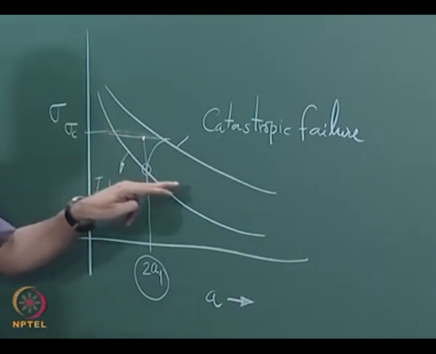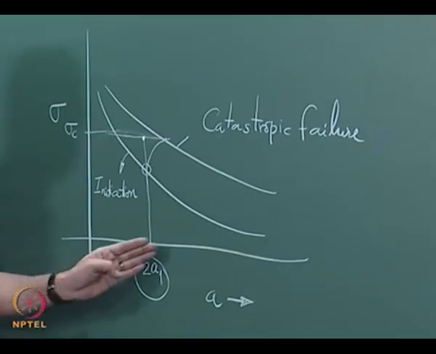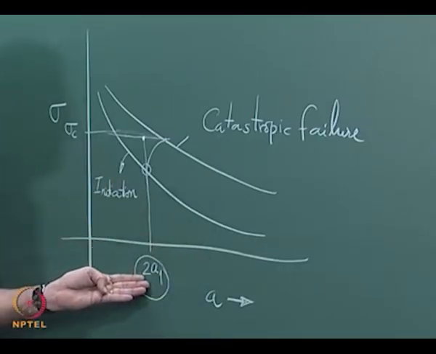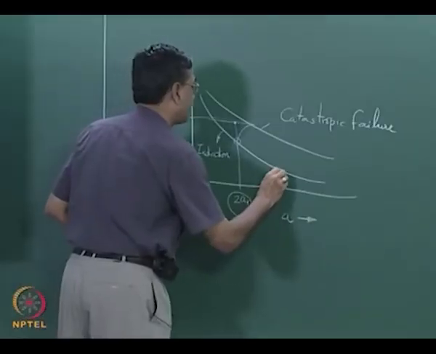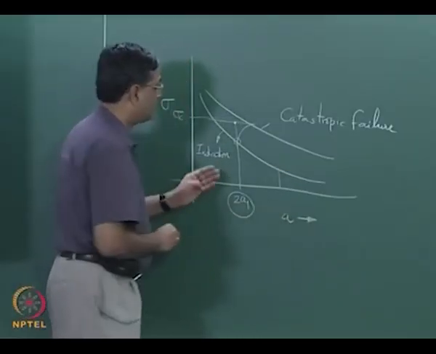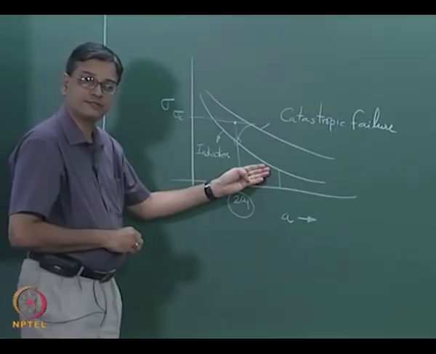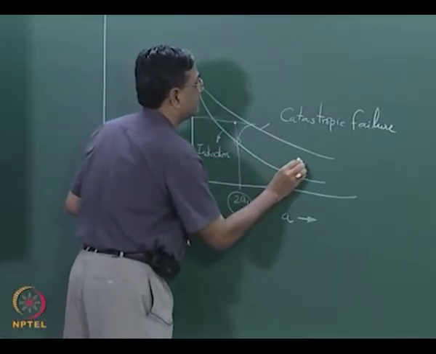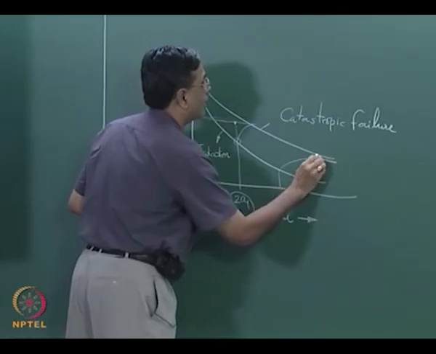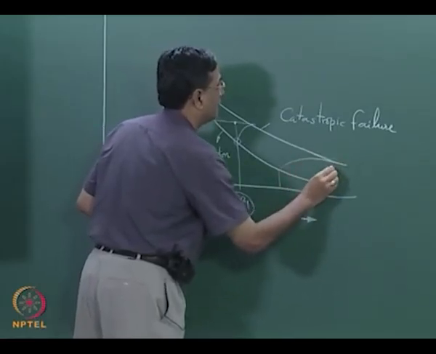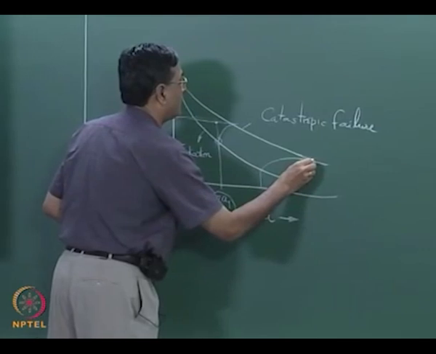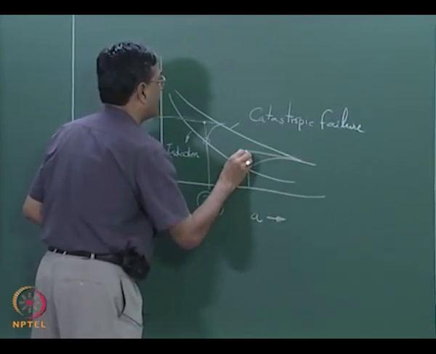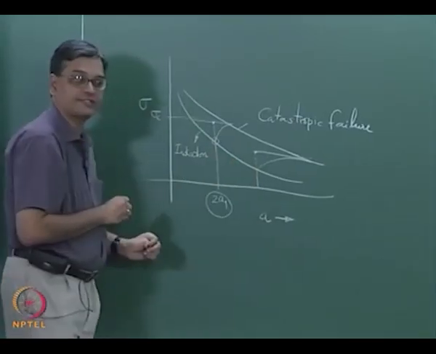Similarly, I can do it for all the points. Suppose I have a longer crack. To start with, I have a crack length of 2a1. Suppose I have a longer crack, crack initiation would occur at a smaller value of stress, and you will also find that this will go a longer distance, and you will find the fracture toughness stresses that way, and you will be able to find another point on your apparent toughness.